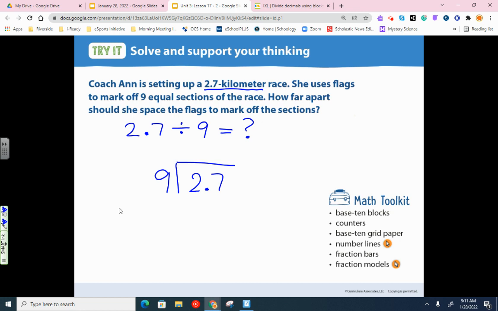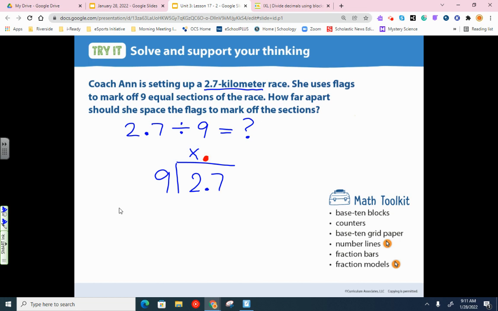Okay, first and foremost, a lot of you see 9 and 27 and you're already thinking 3, and that's great, but I want you to bring your decimal point straight up before you start anything if your dividend has a decimal point in it, because it's easy to forget it, and if you put it there right away, you know what to do. Okay, so we see if 9 goes into 2, and it doesn't at all.